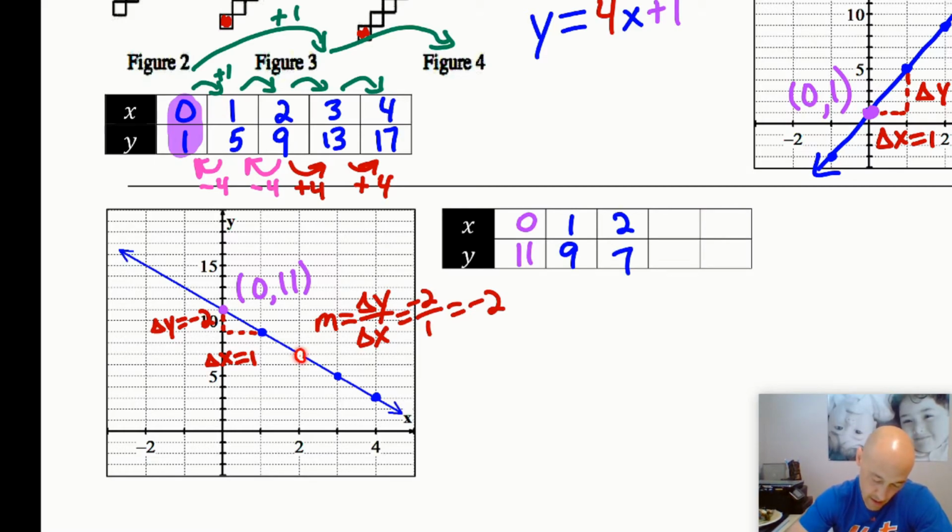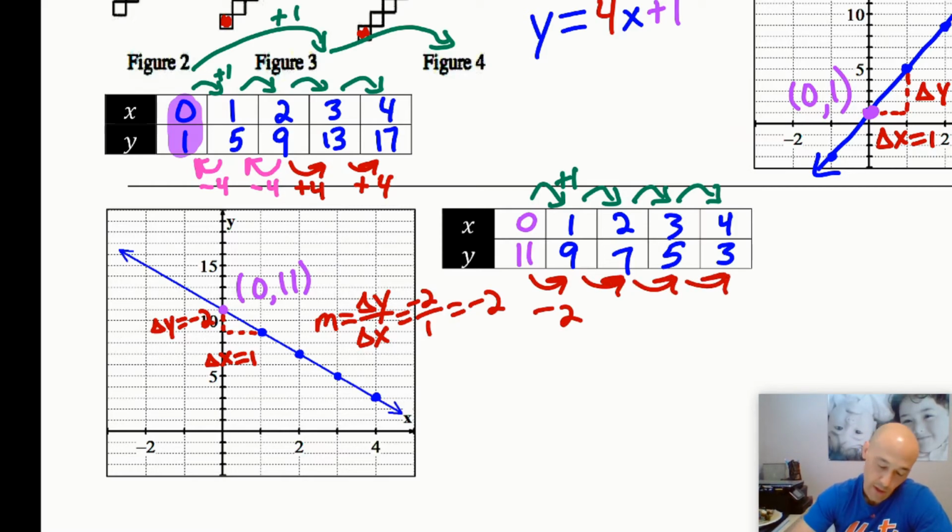That's right here. (3, 5), and (4, 3). And what you can see is as we add 1 to our x values here, or similarly, as we move to the right 1 between our points, in our y values, we are subtracting 2, subtracting 2, subtracting 2. So that's our slope.